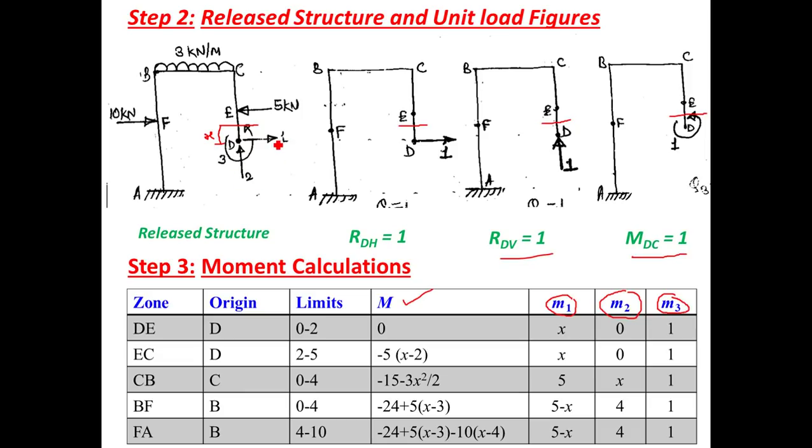These are the unknown reactions shown. These are not forces, these are the unknowns. So if you look at the lower part of the first section, there is no load on this portion in the release structure, and that's why moment is equal to 0. Moment is equal to 0 in the first zone of the release structure.